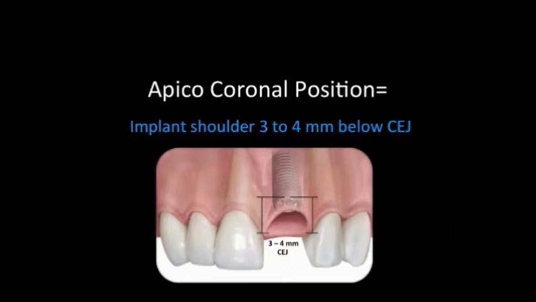Because sometimes people get carried away, they put an implant at the extraction site and place it deeper because they want it to be buried in bone, and then when the healing happens without any kind of temporization to the site, the gum resorbs and there is no bone supporting it, and this will lead to a longer clinical crown.